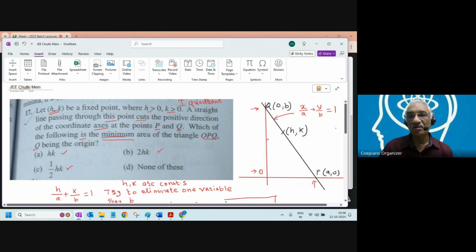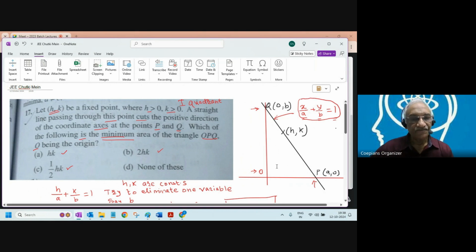Based on the double intercept form of the line, the equation of line PQ becomes x upon a plus y upon b is equal to 1.